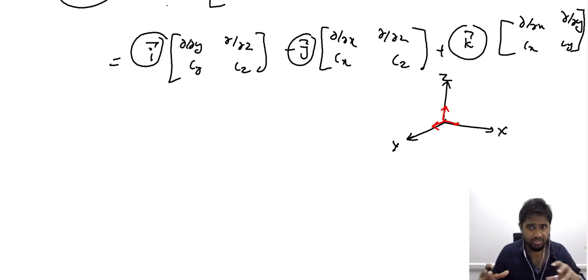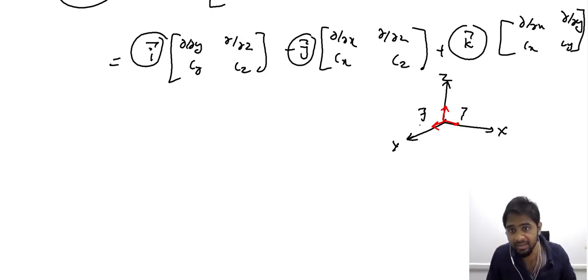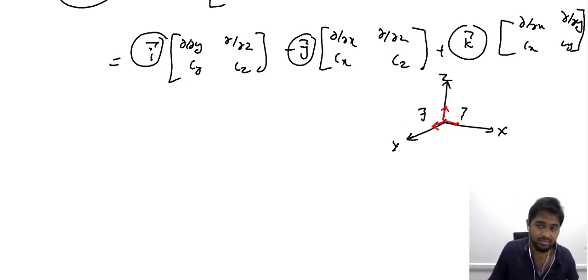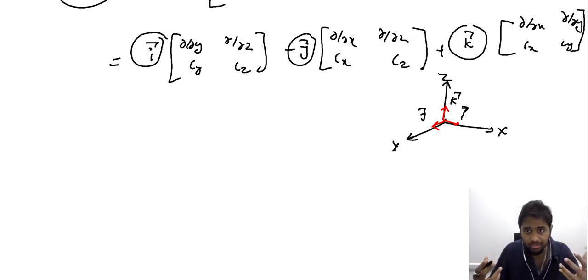Unless otherwise required, we assume that these bases stem from this coordinate system and align themselves with it. The i unit vector aligns itself with the x-axis, the j unit vector aligns itself with the y-axis, and the k aligns itself with the z-axis. So these unit vectors have a meaning associated with them because we have assumed it in such a way. This is what we refer to as the Cartesian coordinate system.